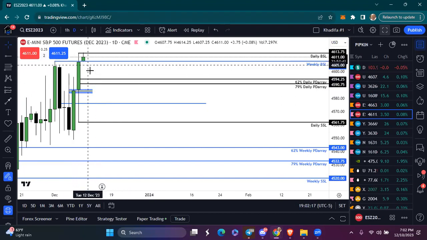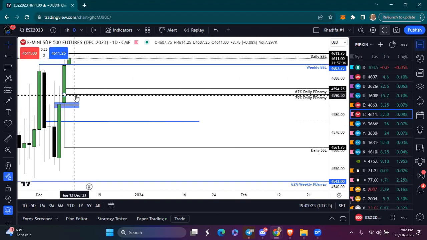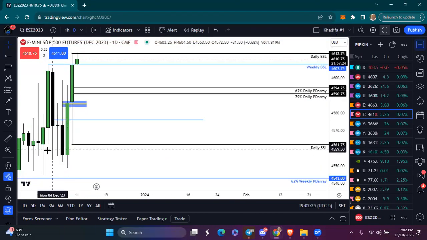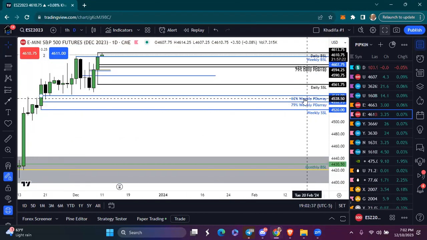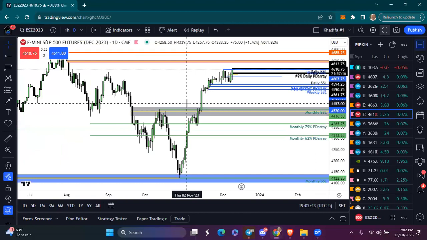I anticipate price to pull back down into those and continue higher, right? If price pulls back through those and breaks aggressively below them and closes below them, then I will anticipate price to run Friday's daily sell side liquidity and possibly come back down into the weekly discount PD array levels. But my bias is bullish for futures this week.